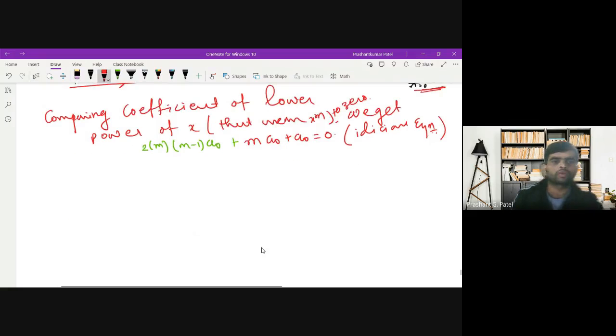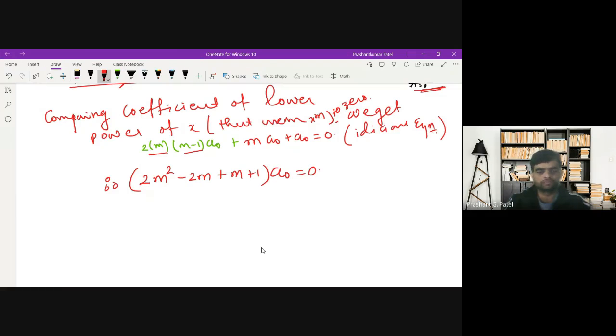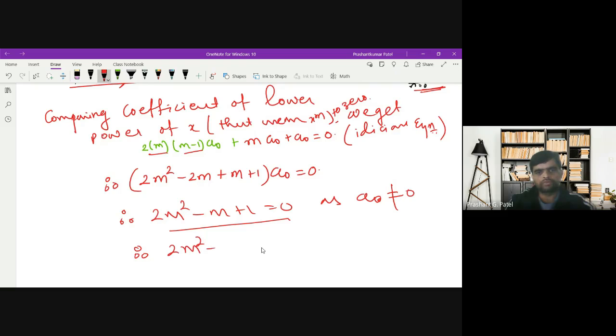Okay, so this equation we can rewrite as 2m square minus 2m plus m plus 1 into a0 equal to 0, by multiplying 2m inside. So this will give you 2m square minus m plus 1 equal to 0, as a0 is not equal to 0, that we have assumed. Now this equation will have two roots.